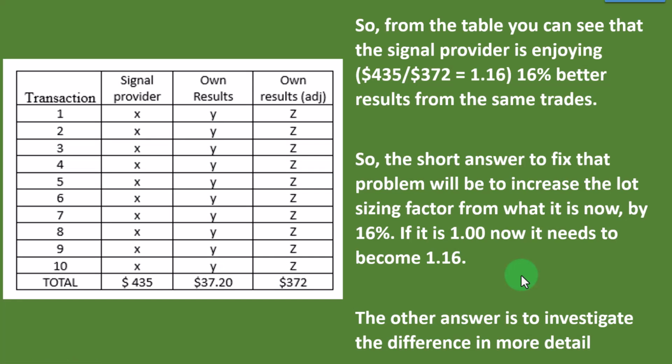So here's a basic way of testing your service. You'd put a signal provider on a demo account and you'd let it run for 10 closed transactions. Then you'd look at those 10 transactions, at the profit made by the signal provider on them, and then you'll look at your own account on the identical transactions. How much profit did you make?